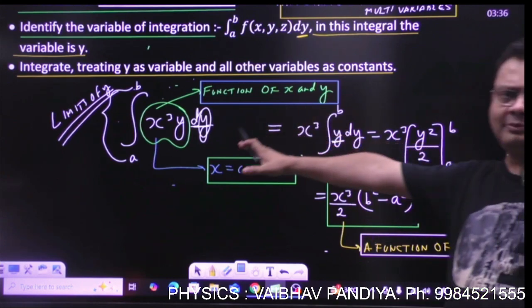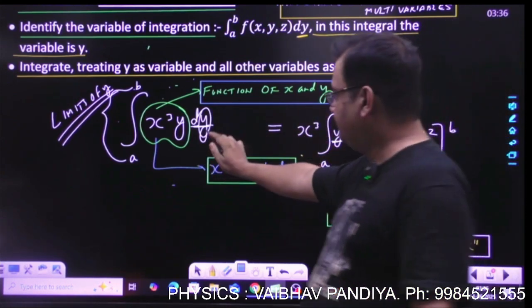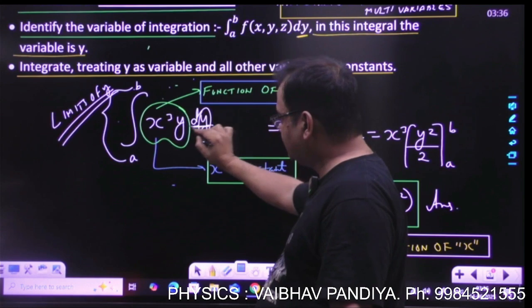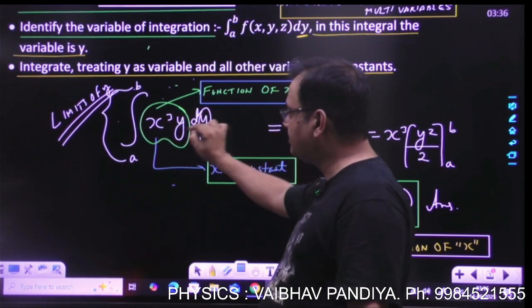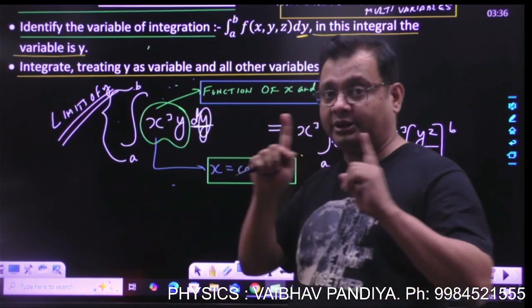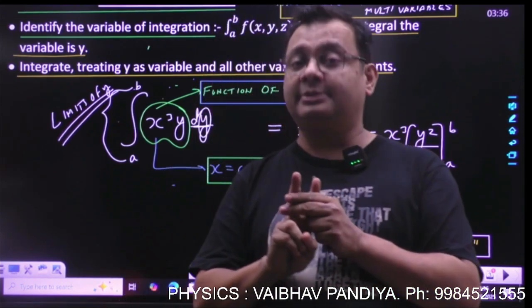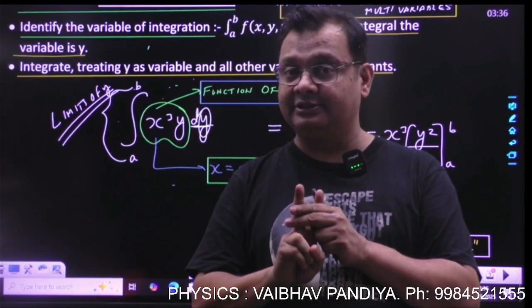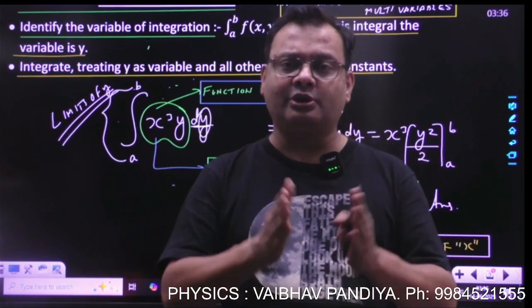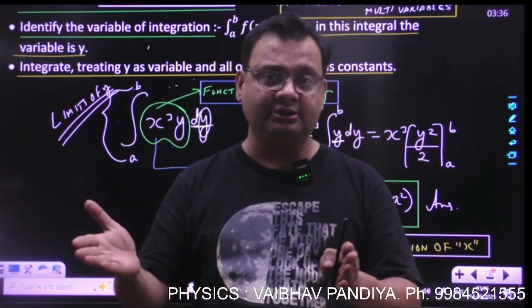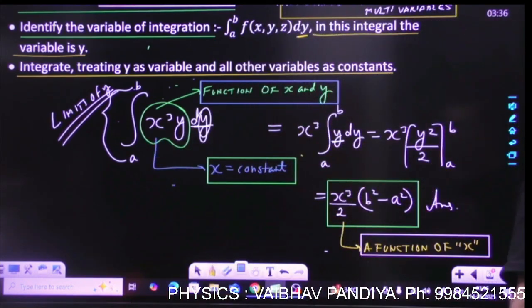So this is the process of partial integration. We are integrating with respect to y. So in this integrand, in this function, y will be treated, number one, remember, y will be treated as variable. All other variables will be treated as constants. We know the basic of integral. Constants can be taken out of the integral and you will integrate accordingly and put the limits.